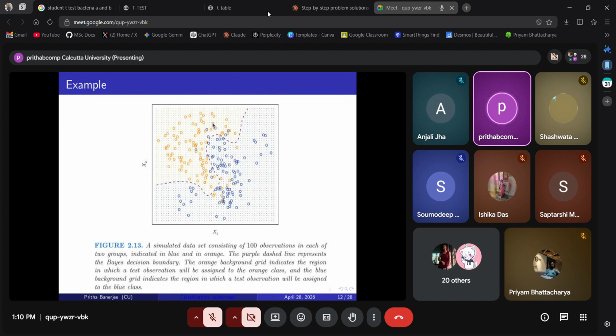So a very small number of misclassifications on the orange side and very few on the blue side. They can possibly even be thought of as outliers. That's why it has come up like this. So this is what the Bayes classifier can do.